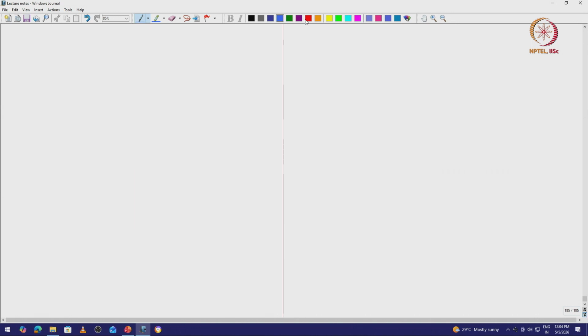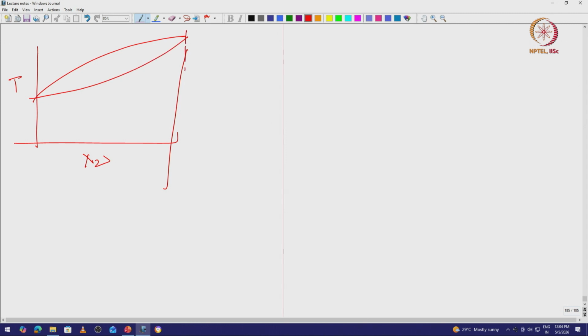Now alright, so that is your first phase diagram, but let us see where it is applied. So let us go back. So this is temperature versus composition. What are the examples? Copper, nickel, platinum, palladium, hafnium oxide, zirconium oxide.